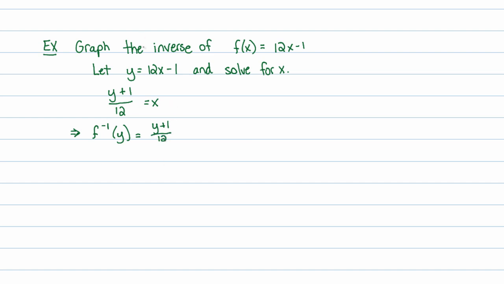I told you in my last lecture that I really like this form of the inverse function, except in one case, and that's when you're asked to graph. When you're asked to graph, you should swap this variable out. Call it a different letter. In fact, call it x. The reason is that when we're graphing, we like to use our inputs along the x-axis and our outputs along the y-axis.